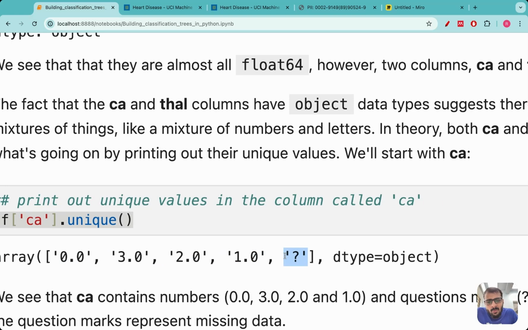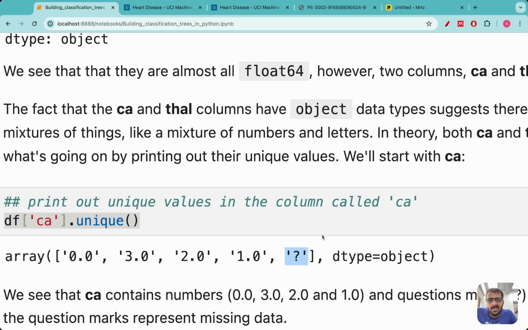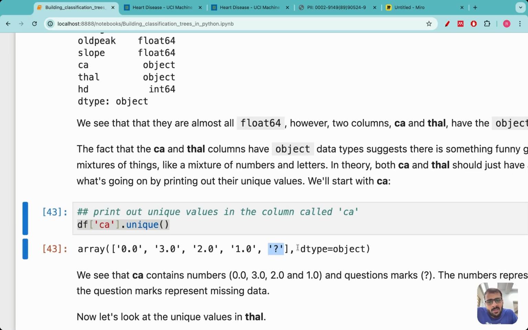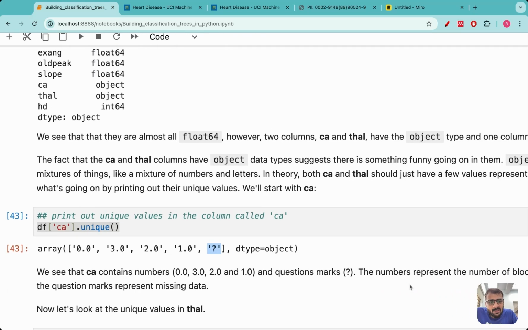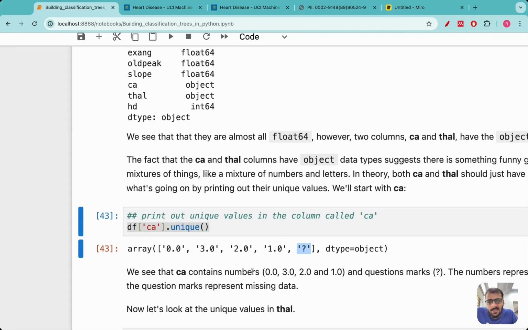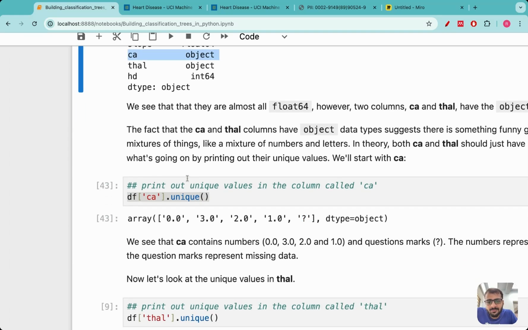But you see there is one more value here, which is the question mark, which means that for some people, the fluoroscopy test was not done, and so it consists of the question mark over here. Which means that there might be missing data. The question mark definitely represents missing data in the CA values.